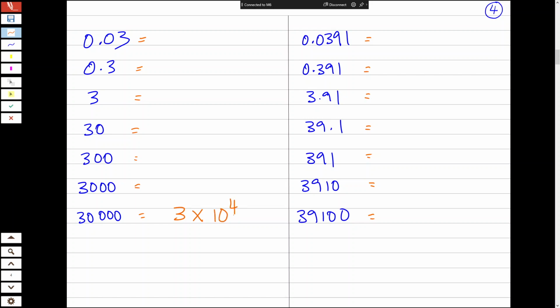You should see a pattern emerging. Yep, because there are 3 zeros after the 3.